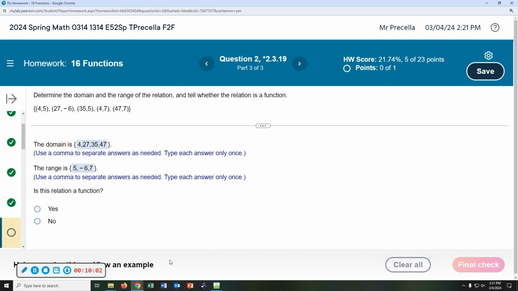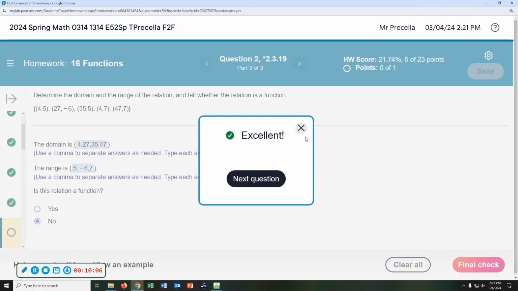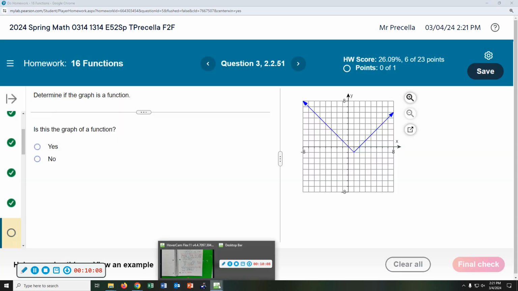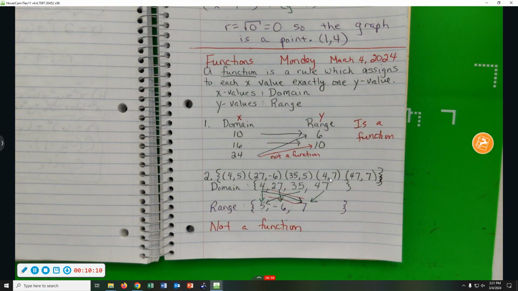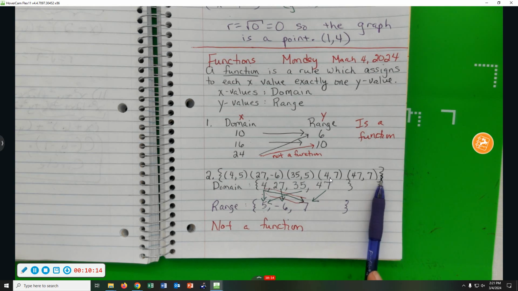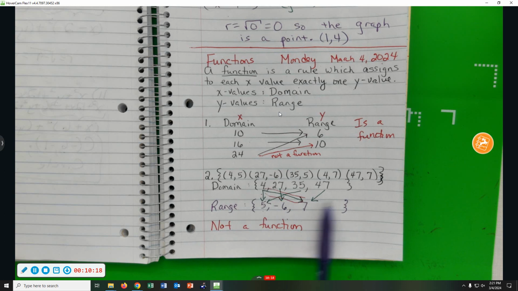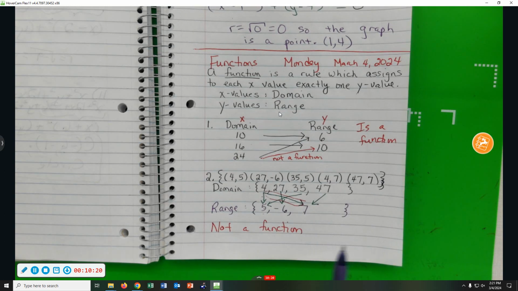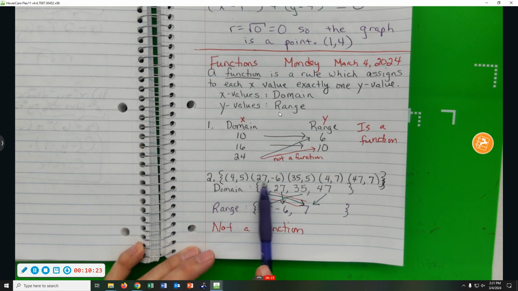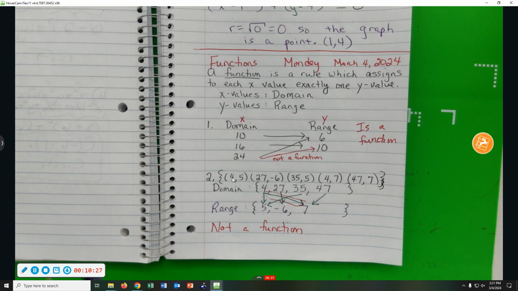So the natural question is, can we look at this set of ordered pairs and answer, is it a function or not a function, without drawing the arrows? How can you look at this and say, okay, this isn't a function? Looking at the ordered pairs.